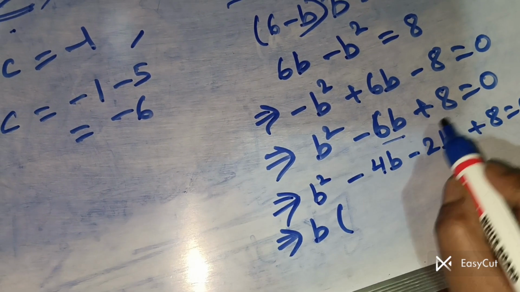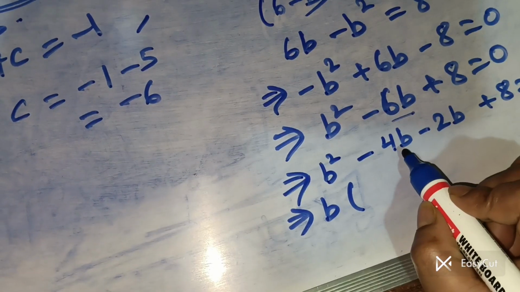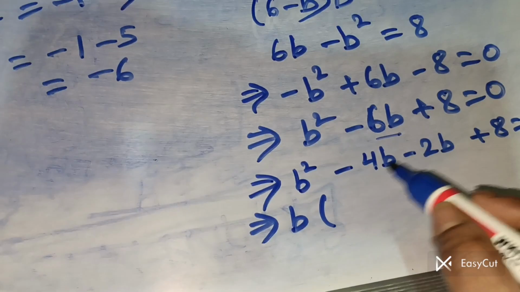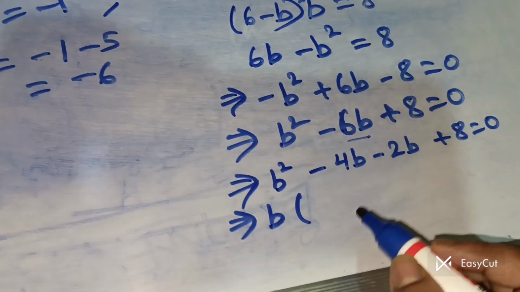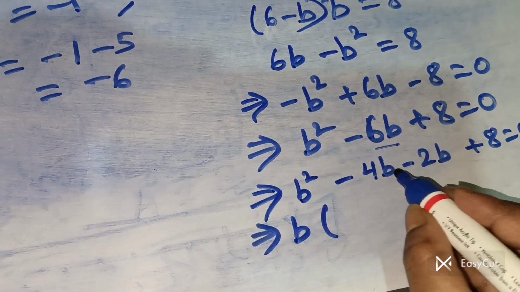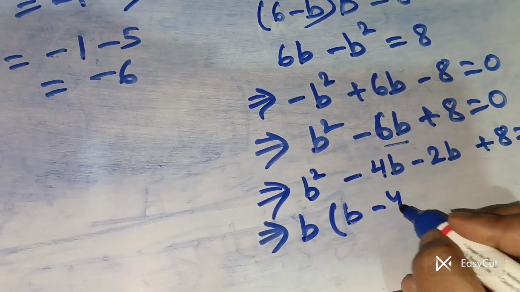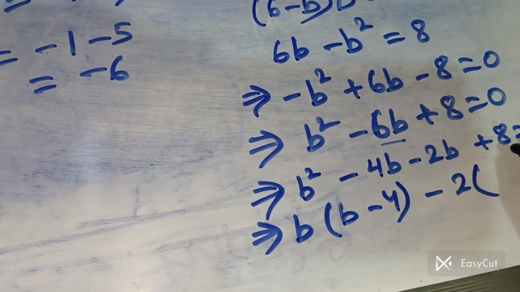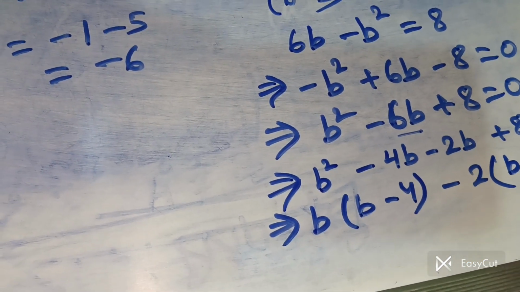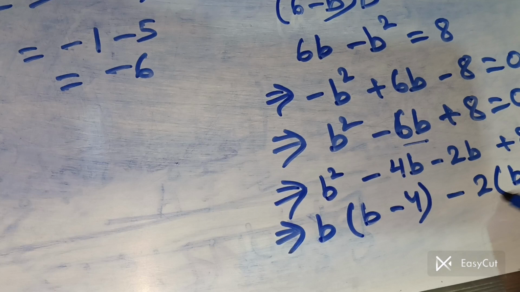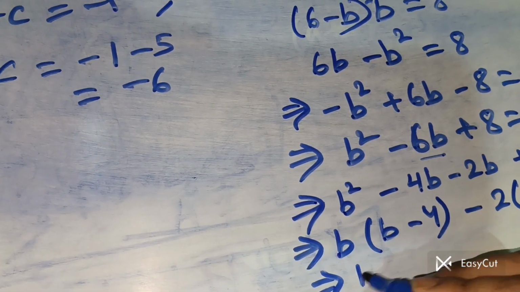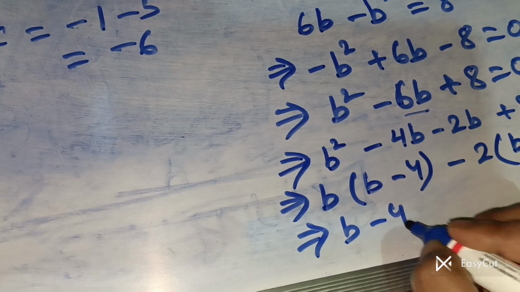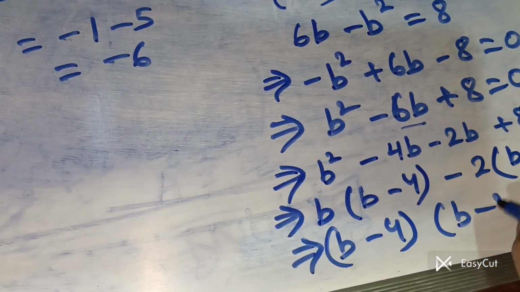So 4 into 2 equals 8 and 4 plus 2 is 6. Minus 4 minus 2 gives minus 6B. If you take B common, it will be B minus 4 into B minus 2 into minus 4 plus 8 equals 0. It will come as B minus 4 into B minus 2.